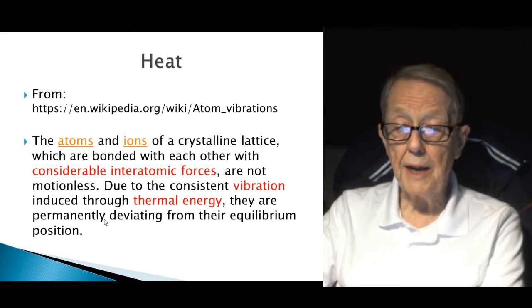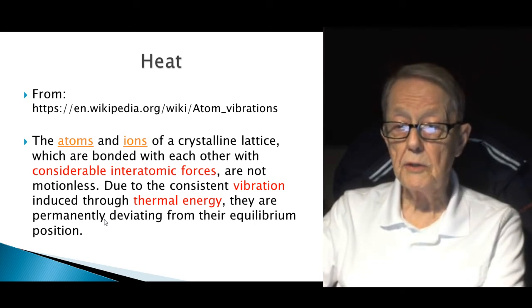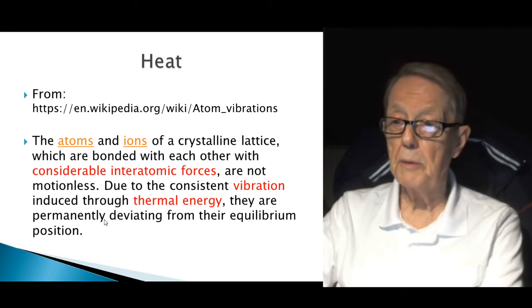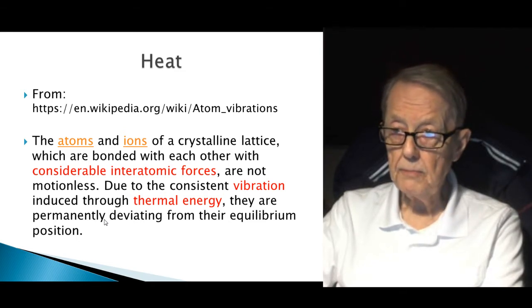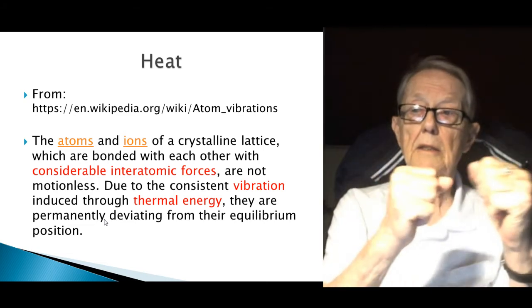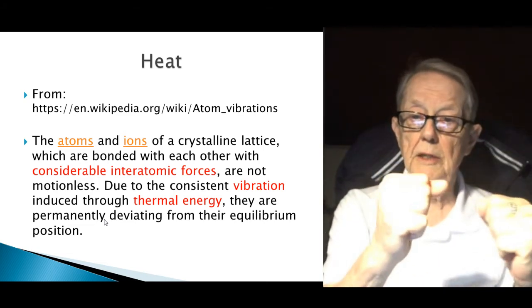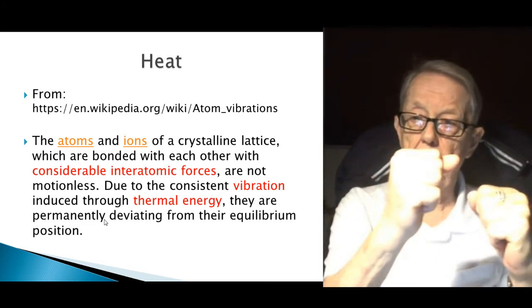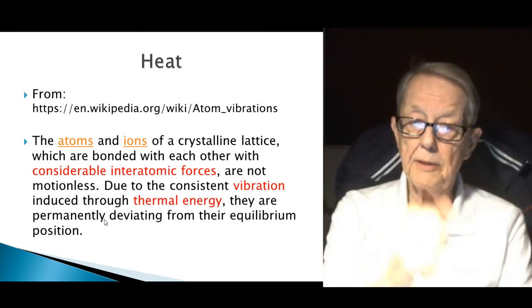These atoms and ions are not motionless due to the consistent vibration induced through thermal energy. They are permanently deviating from their equilibrium position. That is, if you look at atoms in a crystalline structure, they are sitting there vibrating due to the heat.